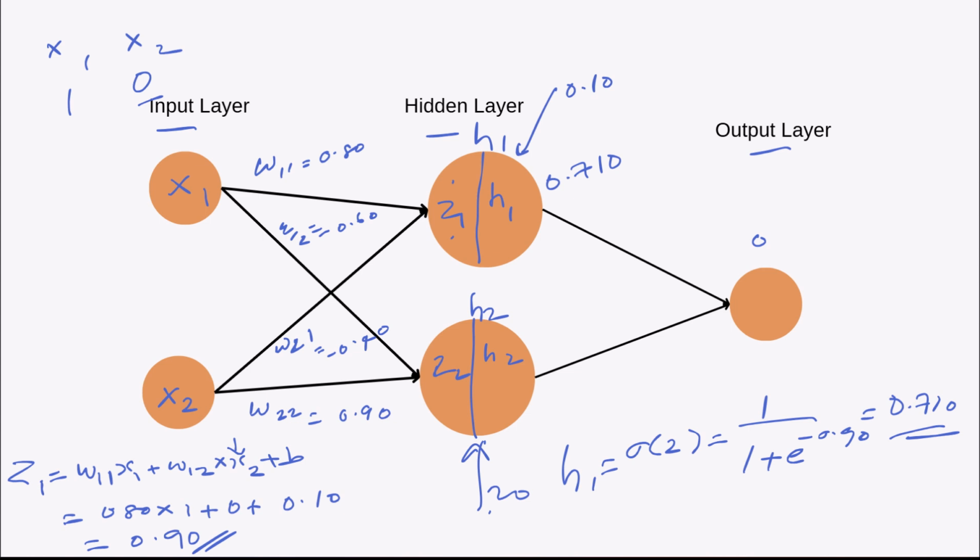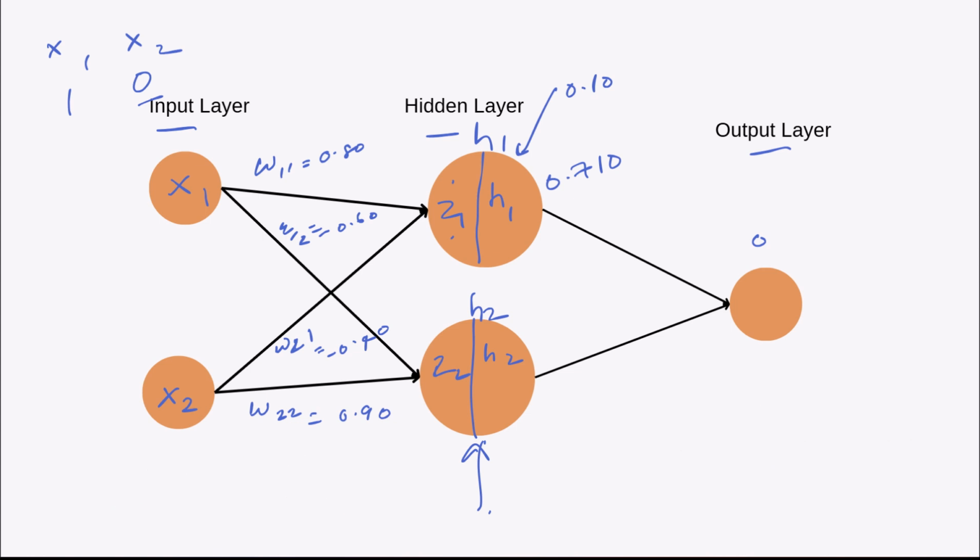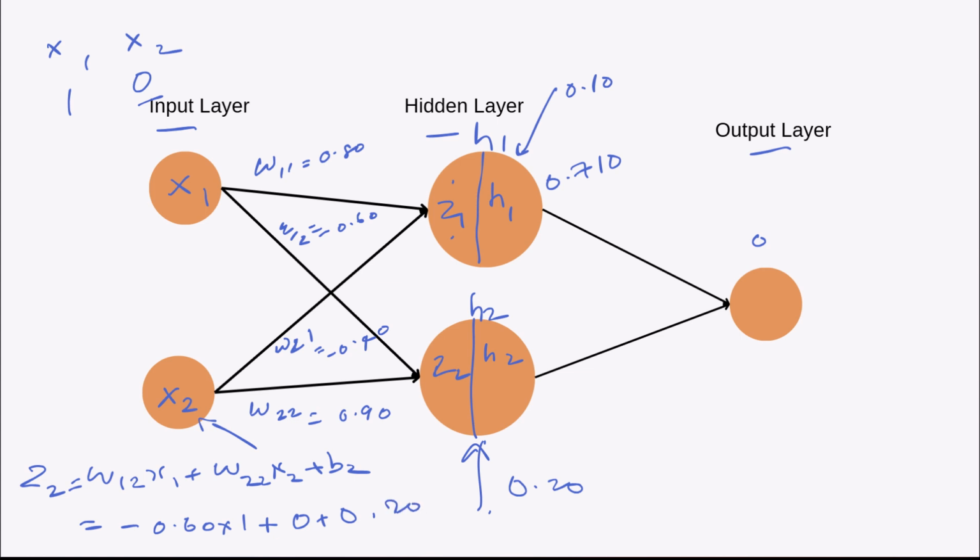Now we need to find out Z2 and H2. Calculating the Z2, that is equal to W12 X1 plus W22 X2 plus B2, that is equal to W12 is minus 0.60 into 1. W22 is 0.90, but X2 we know is 0, so it's 0. Then the bias is 0.20. So that is equal to minus 0.40.